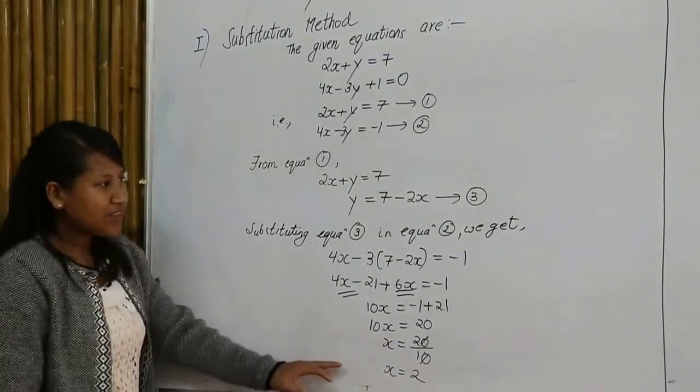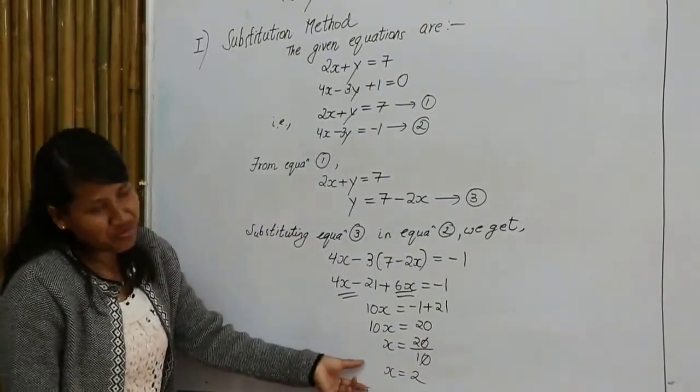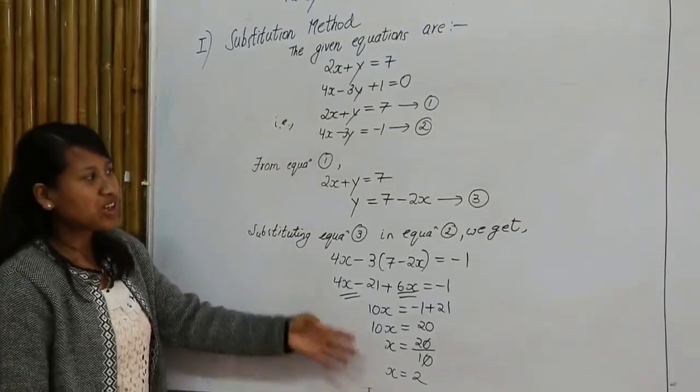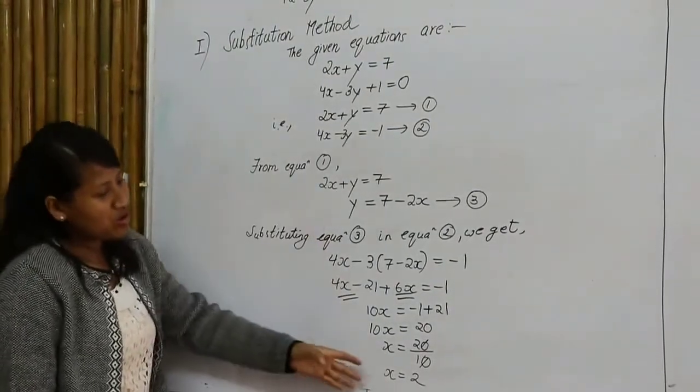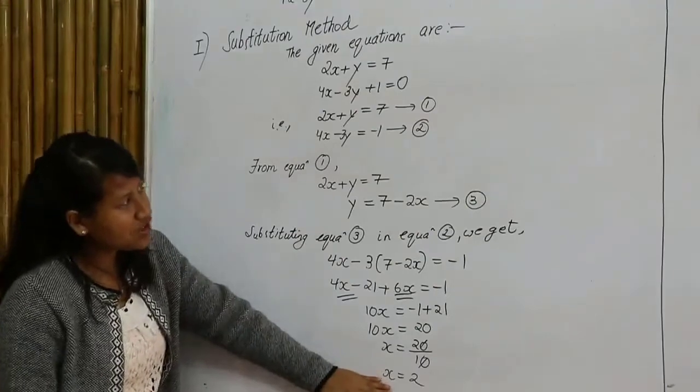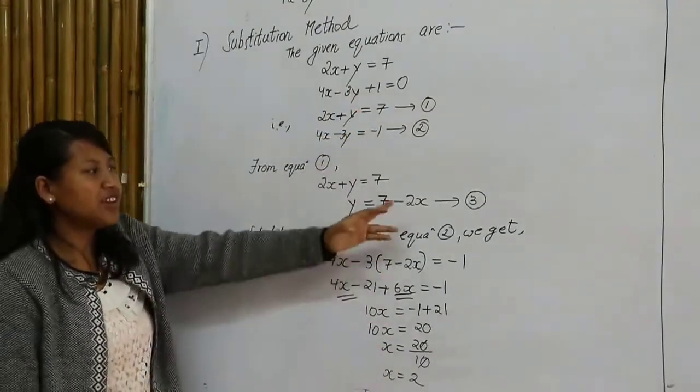After this, we have got the value for x, but you have to also get the value of y. So what to do is, you put this not in 1 or 2, but in 3.